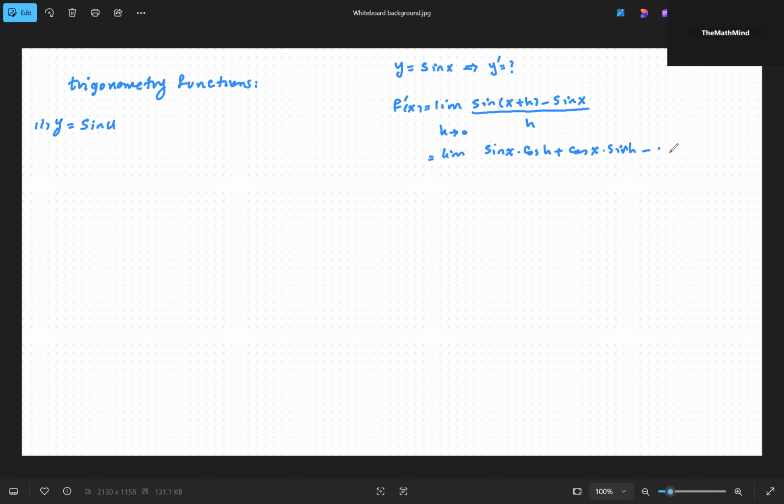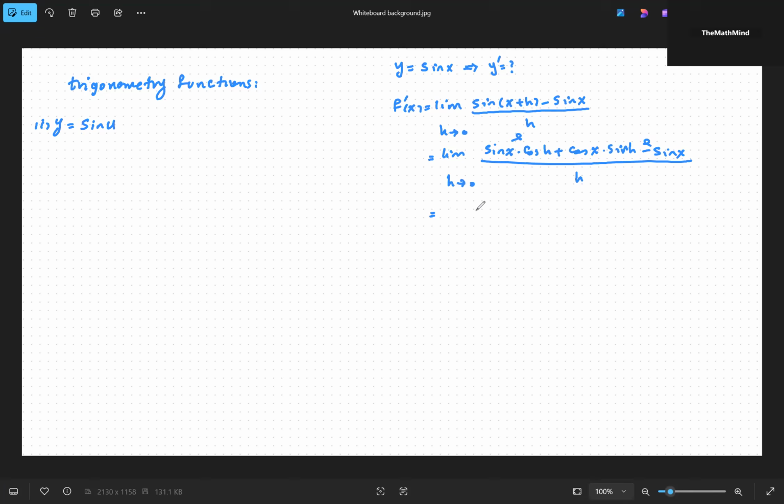Then minus sine x in the top, all over h. If you see in the first and last term in the top, we have sine x. So you can factor it out because sine x is not dependent on h.